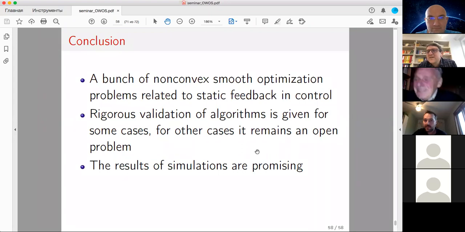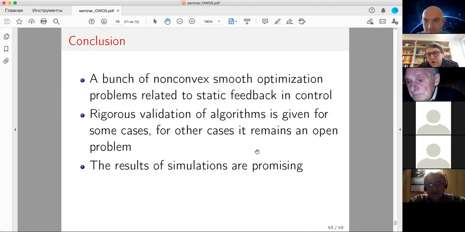Excuse me, there is something with sound now. Okay, sorry. We have a question which confused me a little bit. But I guess our friend is asking if there are some meaningful extensions of these problems to non-smooth, non-differentiable problems. I see.